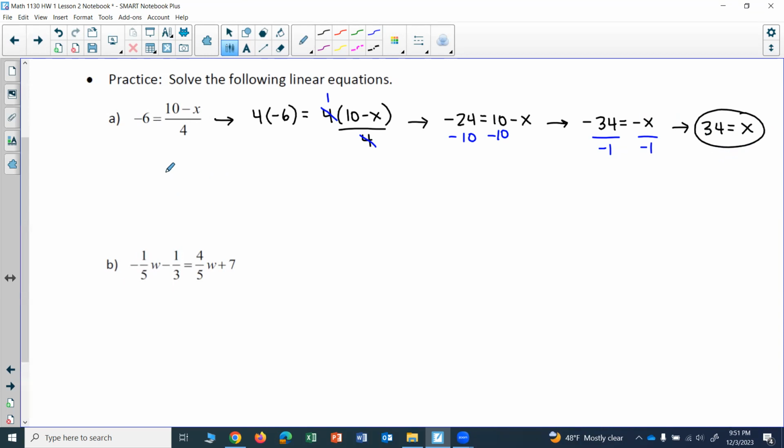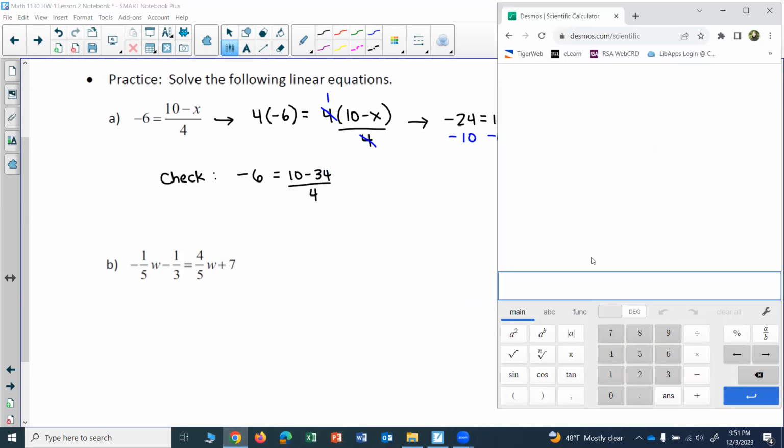Now, if I wanted to check, what I would do is I would plug 34 into my original equation. So -6 equals (10 minus 34) divided by 4. And I would go ahead and pull up the calculator. Here I have Desmos.com, the scientific calculator on Desmos.com. Now the left side of the equals sign is -6, so there's nothing to put in my calculator there.